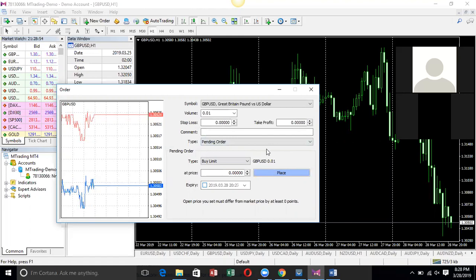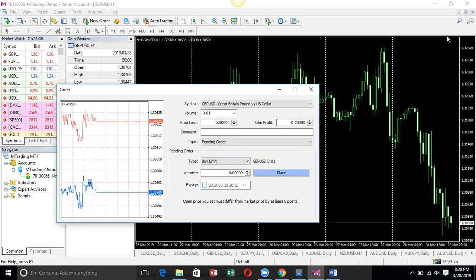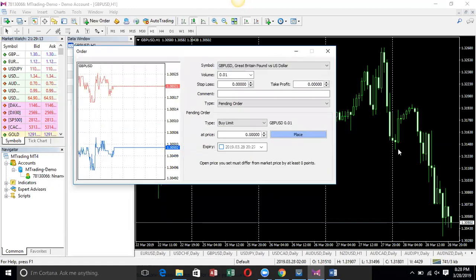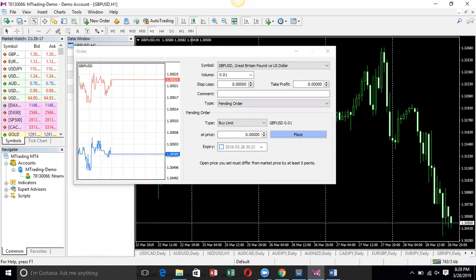Before you place a pending order, like I said, there are conditions you are waiting to be fulfilled before that order can be executed. That time of waiting is pending. For example, this chart is a GBP USD chart, 1 hour time frame.